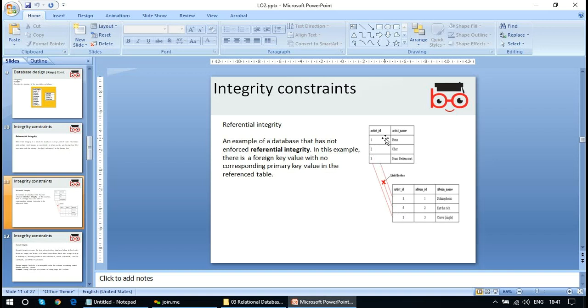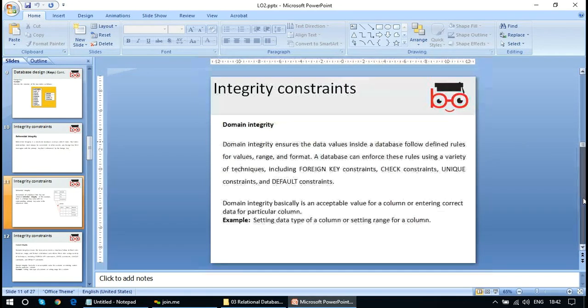Then referential integrity is violated, so you need to take care of this. Integrity means reliability of the database. Whatever rules have been defined need to be obeyed. If the constraints are not obeyed, the database is not consistent and not in a good state.